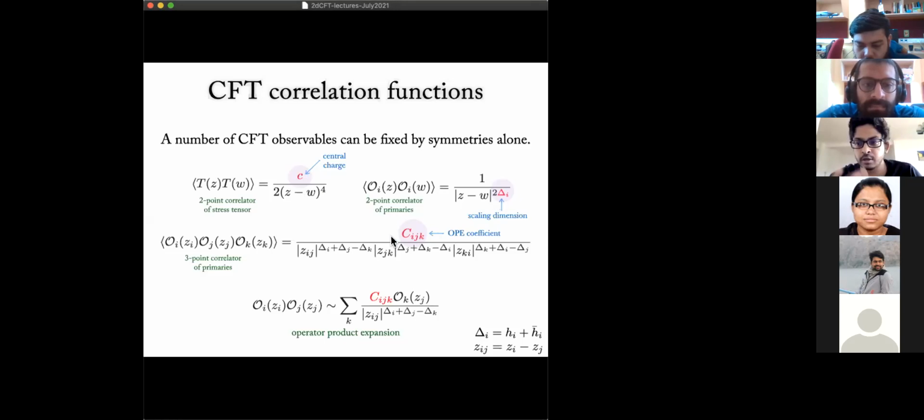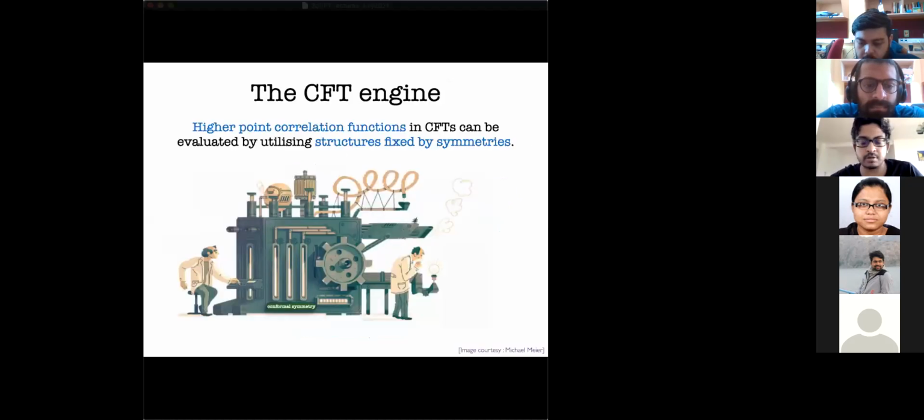That brings me to this CFT engine. The higher point functions in CFTs can be evaluated by using the structures which are fixed by symmetries. So you have the conformal field theory, and it has some structure built into it, namely conformal blocks. And you can plug in the data, which consists of your central charge, operator dimensions, and the OPE coefficients.